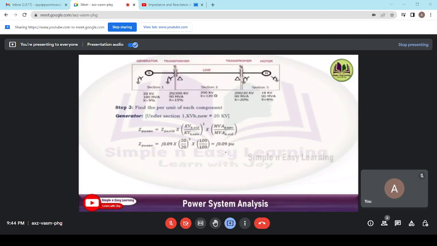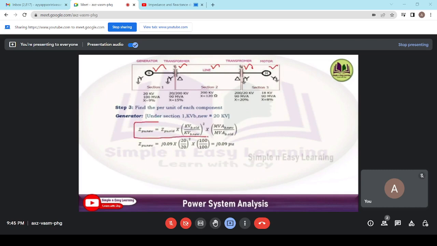Now step 3, we need to find the per unit value of all the components. What are all the components present here? Generator, transformer T1, transmission line, transformer T2 and motor. For all these 5 components, you need to find the new per unit value, and for that we need a formula.